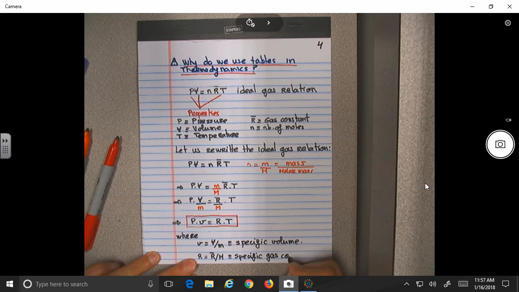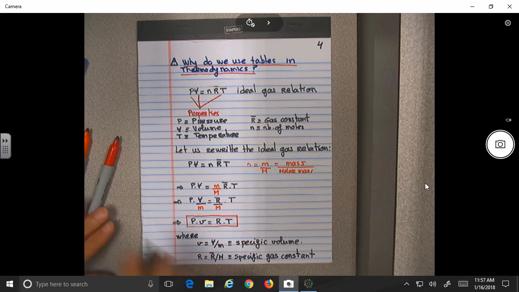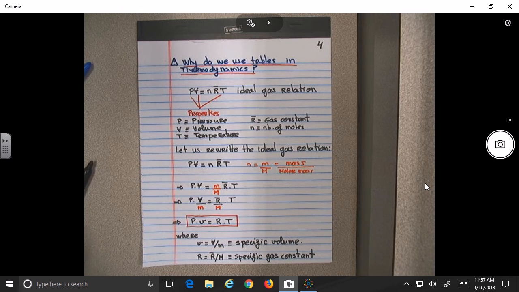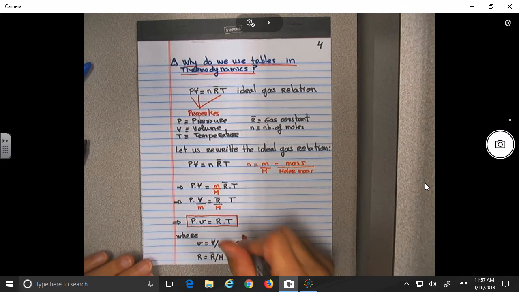I do this because it's easier to work with PV equal RT than with PV equal nRT. I don't have that n over there. So this is still the ideal gas relation.